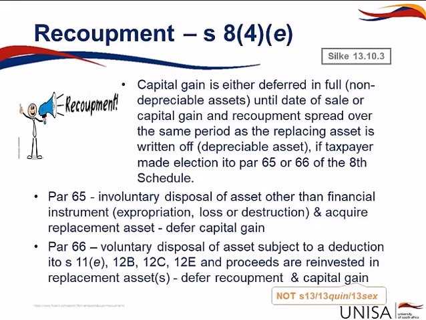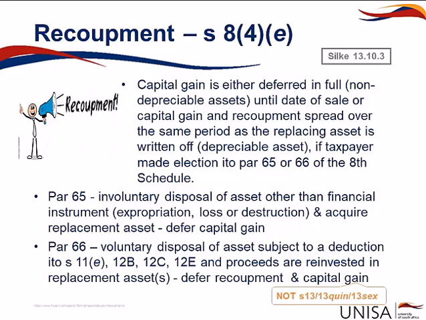In the case of a paragraph 66 voluntary disposal of an asset that was subject to a deduction in terms of either 11E, 12B, 12C, and 12E, and the proceeds are reinvested in a replacement asset, we may then defer the capital gain and therefore also the recoupment in terms of Section 8.4e.